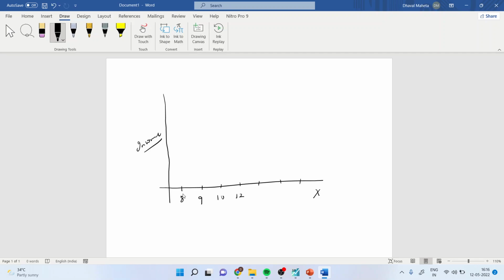So I have taken a pool of people who have studied only till 8 standard. There may be deviations in income like this. Similarly, 9 standard. So it may be possible that this deviation goes on increasing or decreasing.